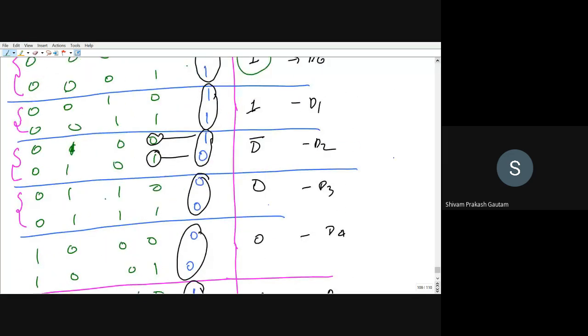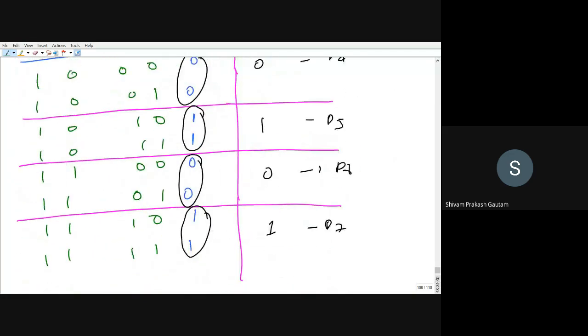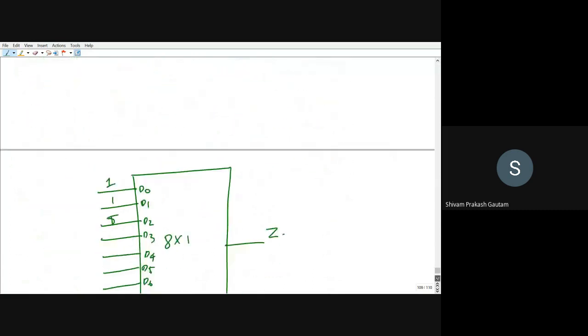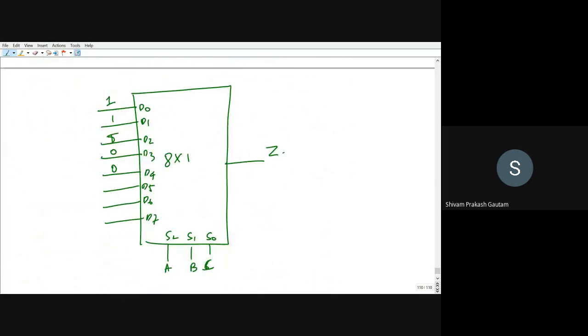Or what you can do is provide D here and add a NOT gate, so this will be D bar. And for all the other cases, this will be 0.